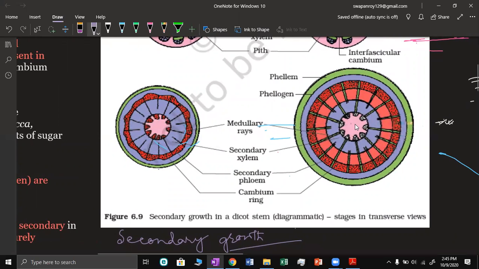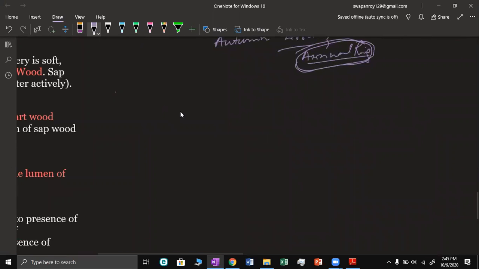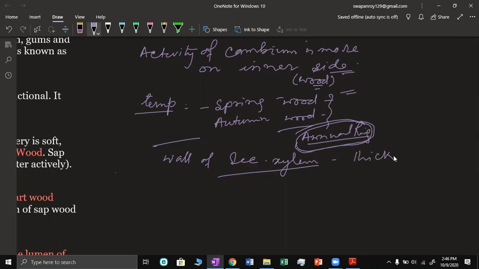Okay, and at the same time another thing happens. Those secondary xylem which is produced on the inner side, of course all the secondary xylem is produced on the inner side, but as time passes, the wall of a secondary xylem becomes thicker more, and there is also addition of resin, tannin, then oils, etc., and also tyloses.